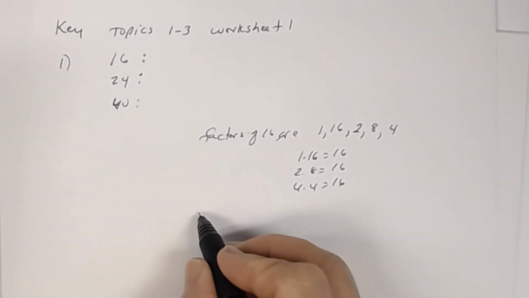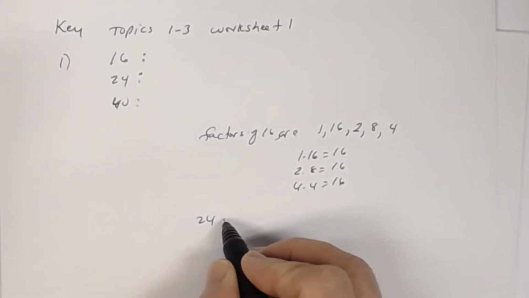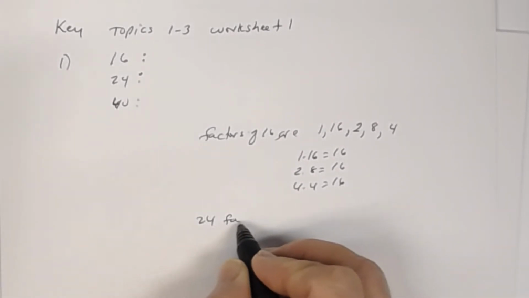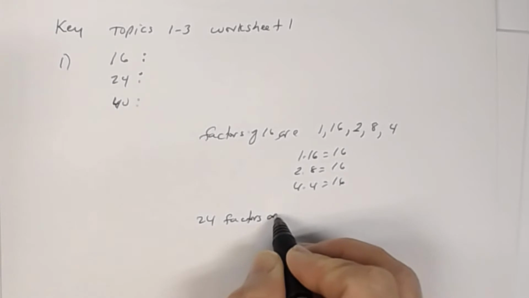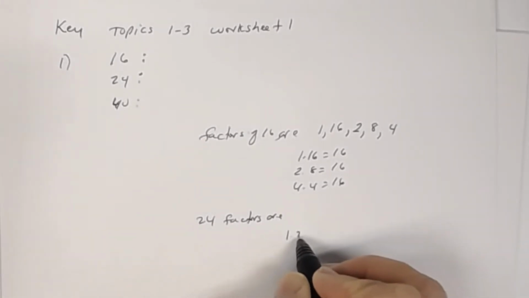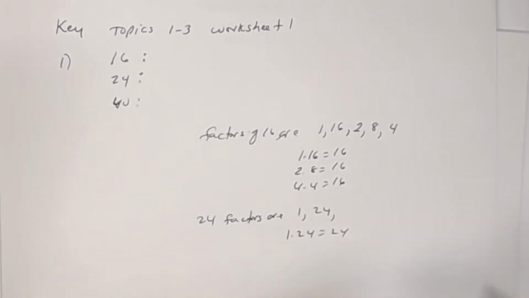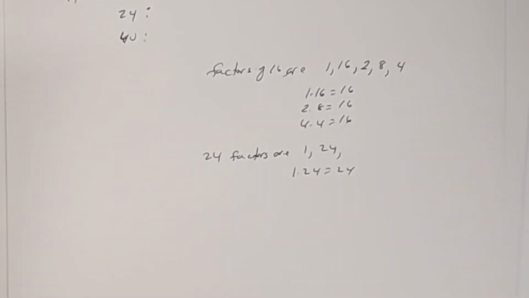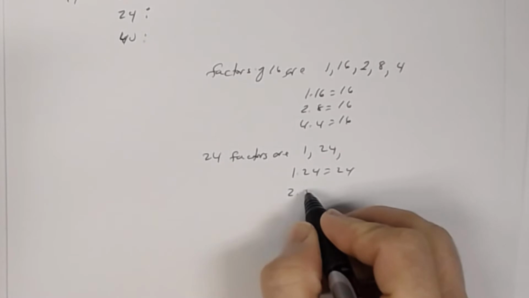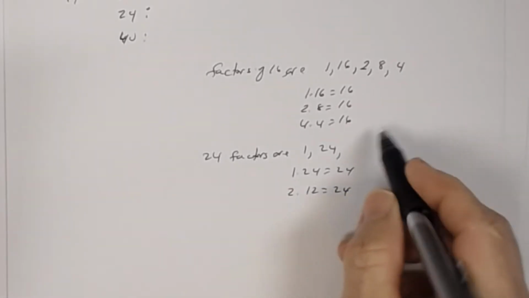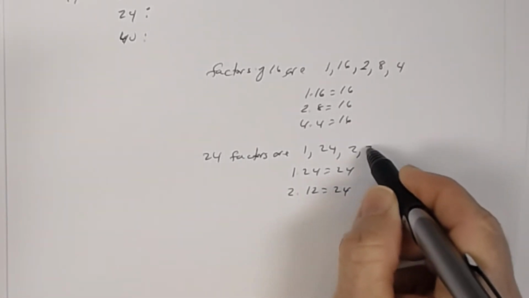So then you do the same thing for 24. So the factors of 24, you do the same thing. So 1 times 24 is 24. So 1's a factor and 24 is a factor. And then we continue on. 2 times 12 is 24. So 2 is a factor, 12 is a factor.